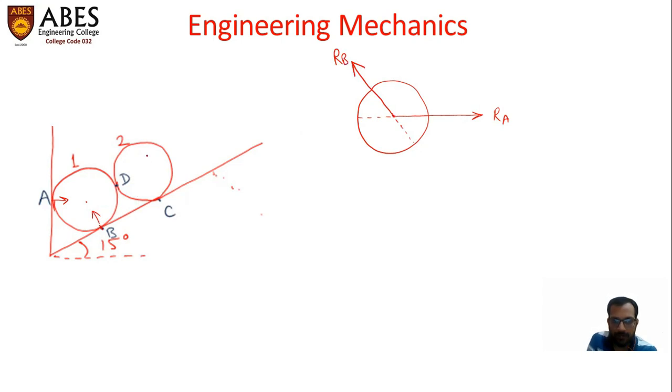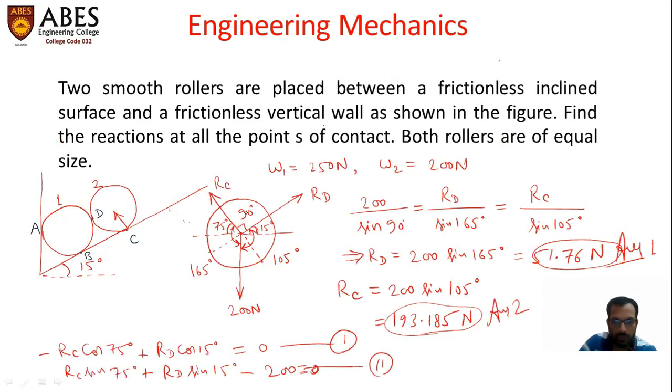The reaction from the second roller on the first roller will act in the opposite direction. Previously, the force was shown 15 degrees upward, RD, because this was the force which was acting from the first roller onto the second roller. Now we are discussing the free body diagram of the first roller. Therefore, the force because of the second roller on the first roller will be in the opposite direction.